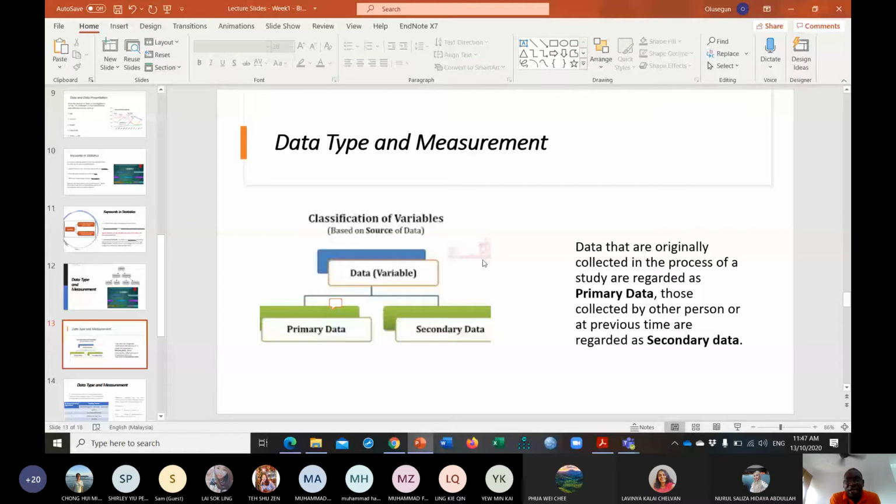Then we can also classify data based on their source. That's why we have primary source, secondary source. And this is reflected when you are doing your academic project. You should be able to distinguish between dependent variable and independent variable. Also, you should be able to know what are primary data and what are secondary data.